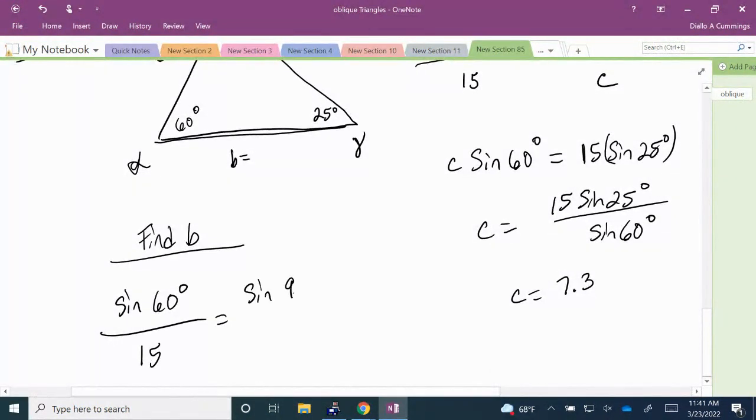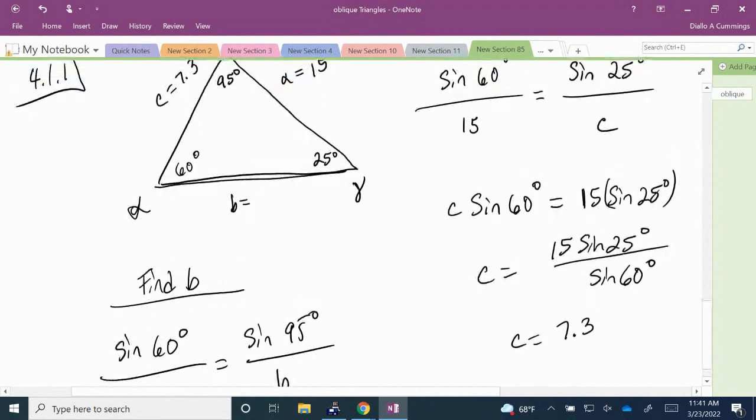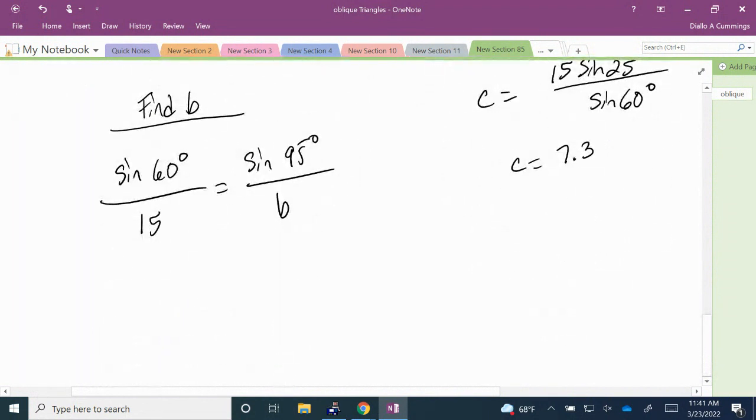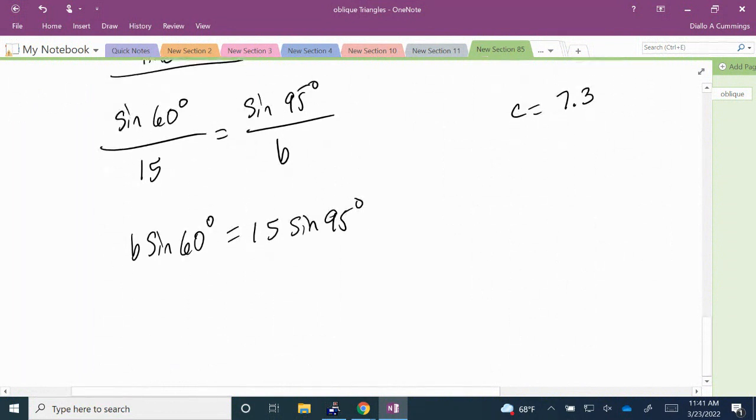That's equal to the sine of 95 degrees divided by side length B. I'm going to cross multiply, so B times the sine of 60 degrees is equal to 15 times the sine of 95 degrees. I'm going to divide both sides by the sine of 60, so B is equal to 15 times the sine of 95 degrees divided by the sine of 60 degrees.